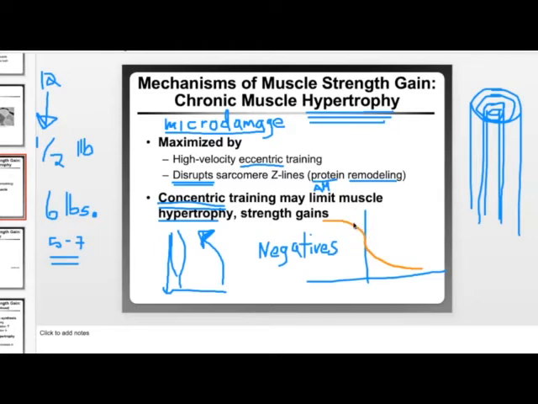So what you might want to do is, that's why they say when you do a chin up, you want to go up fast and down slow. The reason why is because your muscles are not good.